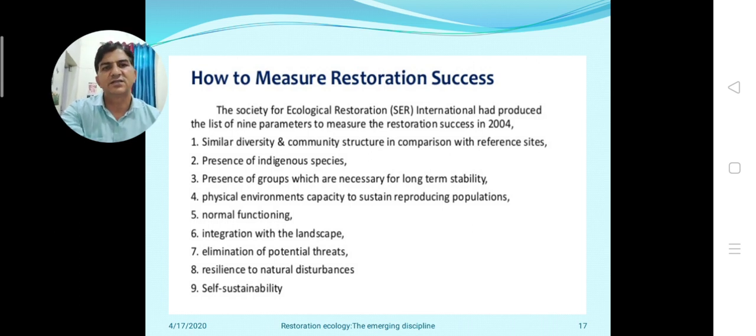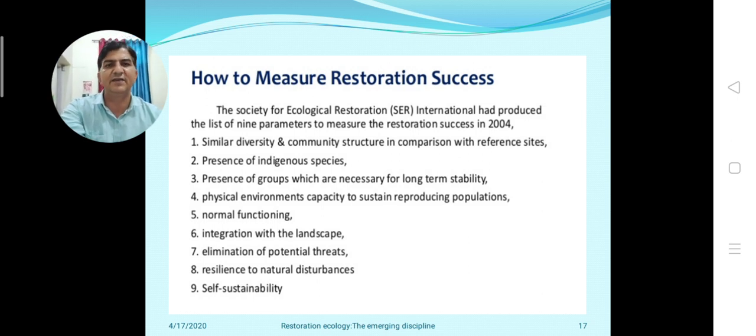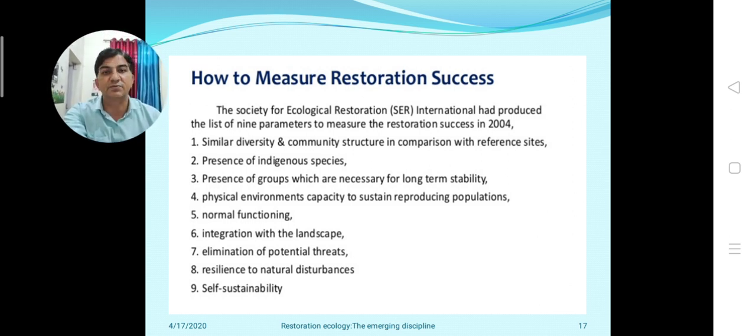The first is similar diversity and community structure in comparison with reference sites. If the reference site and your site have similar diversity or community structure, that parameter has been fulfilled. Another is presence of indigenous species. You need to have indigenous species in your system.